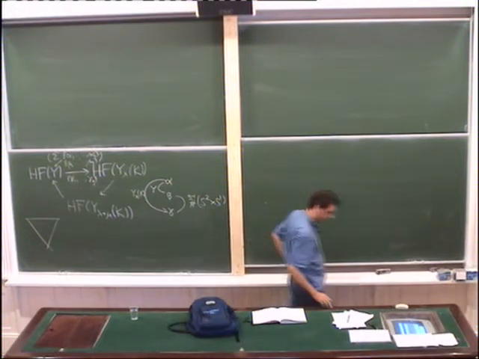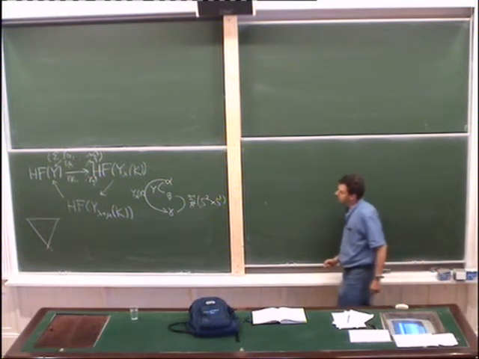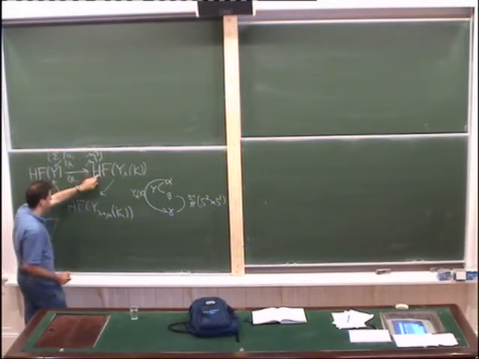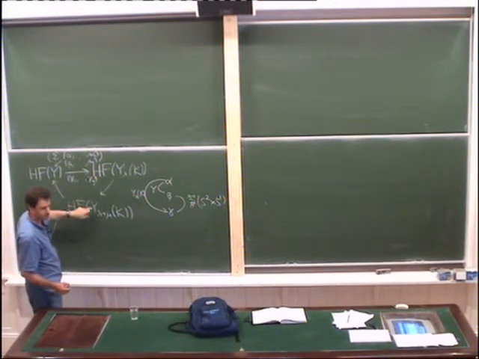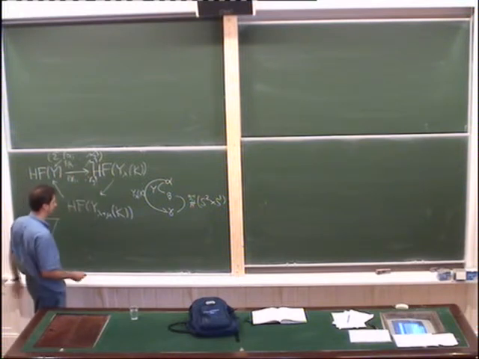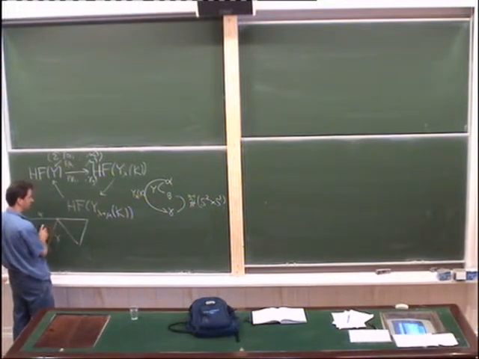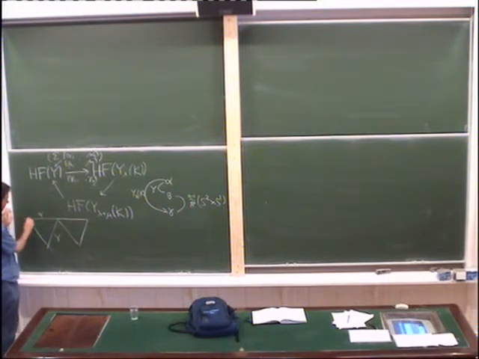Now, in fact, I went through the proof of why the double composite was 0. The proof that the double composite was 0 was a count of holomorphic triangles. We had alphas, betas, gammas, and then we're counting triangles with these boundary conditions.